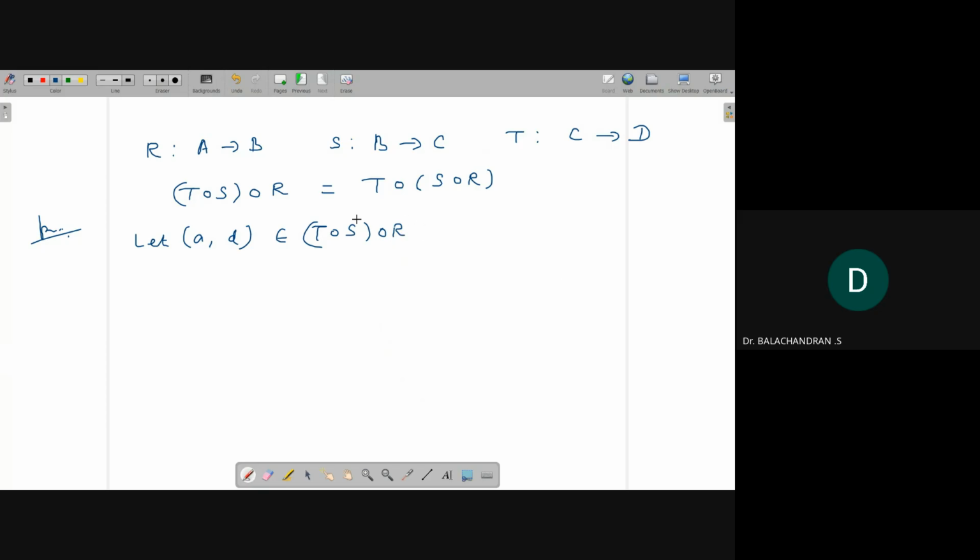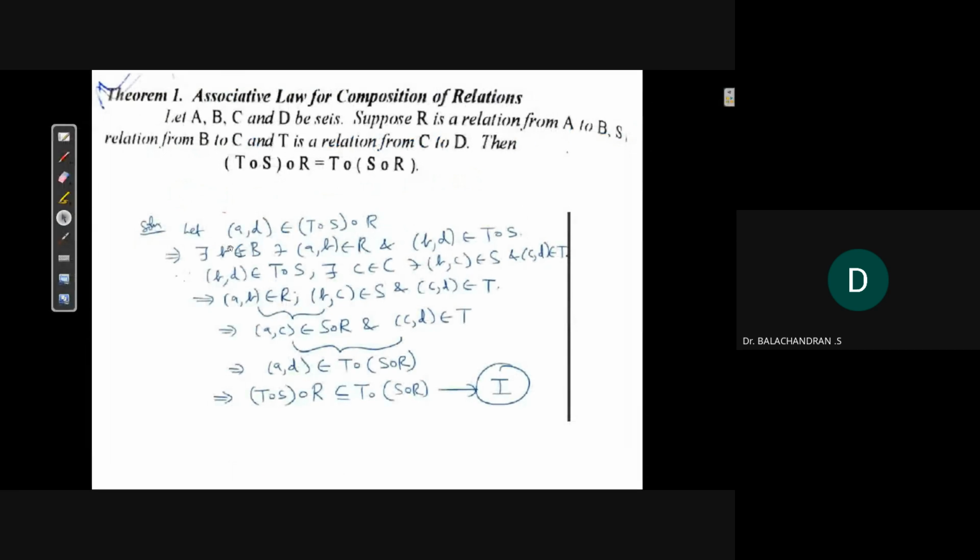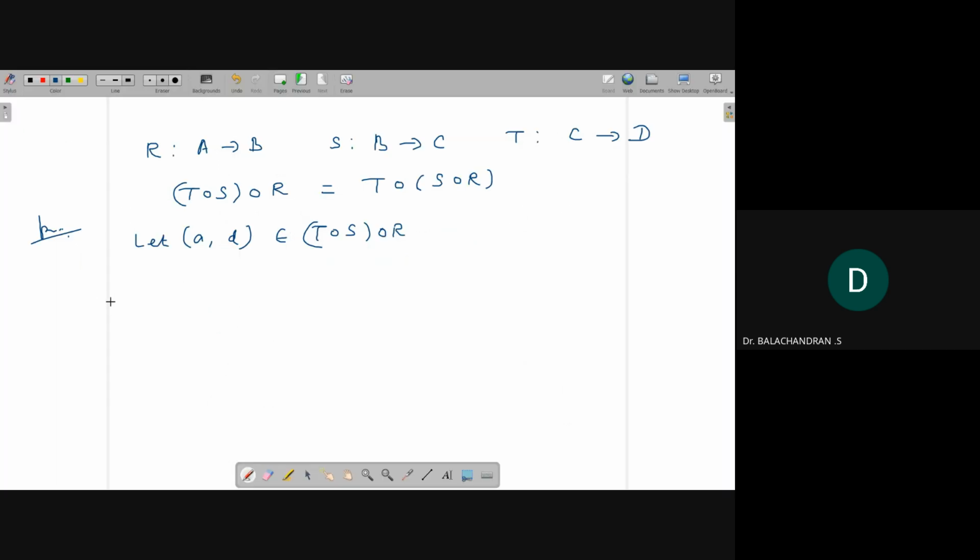R, and then I should apply T composition S. So suppose I take (a, d) belonging to this element, from this we can tell there exists a b in capital B such that (a, b) is in R, and (b, d) belongs to T composition S.